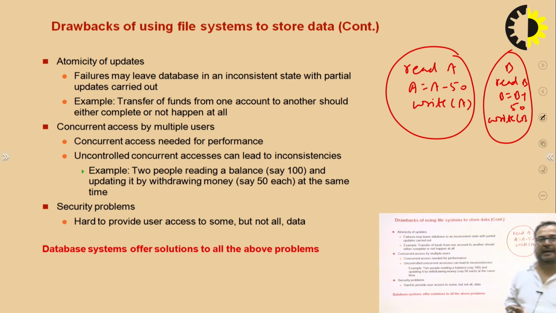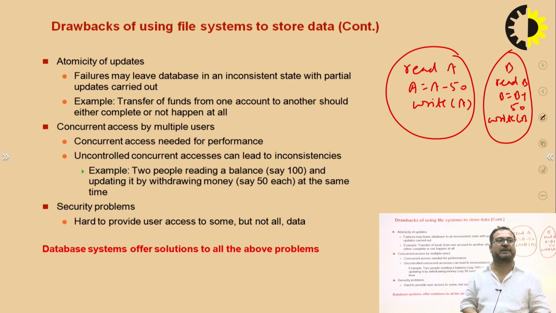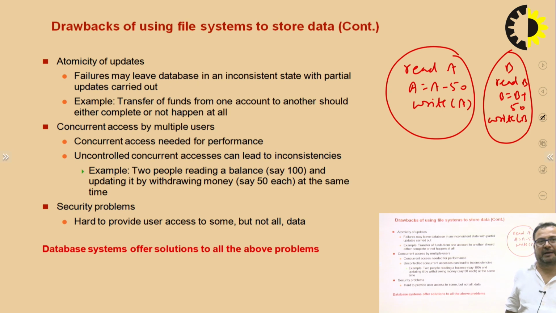It could not be the case that A has been deducted and B has not been modified. These kinds of instructions, where transactions and updates occur, must be atomic, so the feature of atomicity must be there.